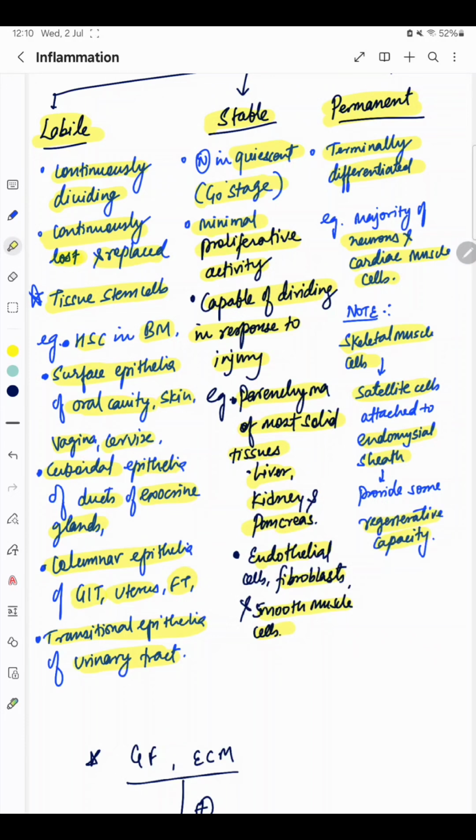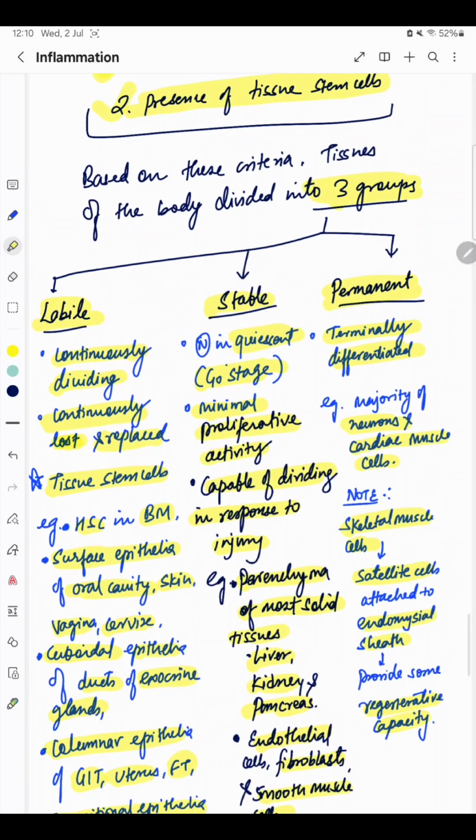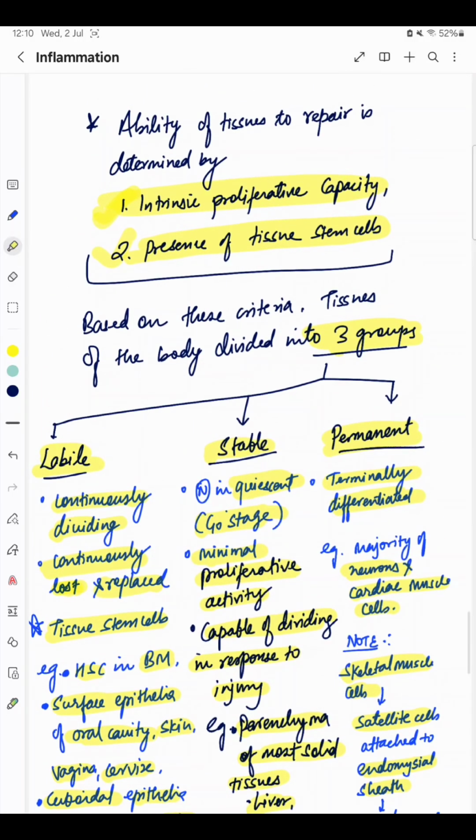So these are the three main tissue types in the body: labile, stable, and permanent, on the basis of their ability to repair.